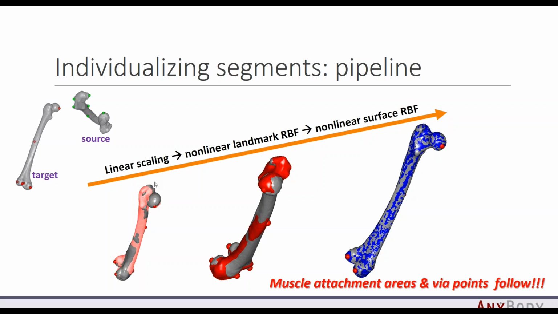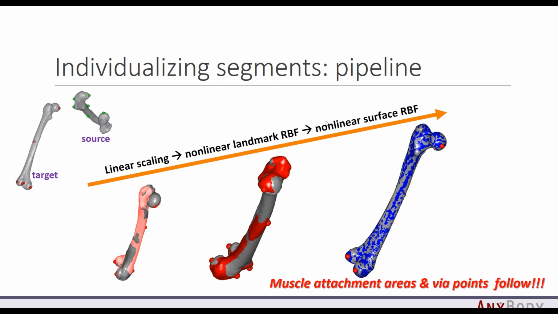Because of that, we want to do a further improvement. Basically, we could use the same landmarks and construct an RBF transformation. What you can see here is that we actually get a slightly better match, but the error is still probably up to 1 centimeter. And from this perspective, you can't see the largest error, but it is also present.